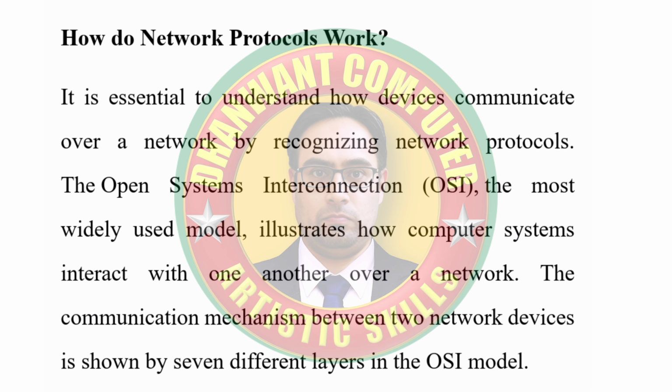How do network protocols work? It is essential to understand how devices communicate over a network by recognizing network protocols. The Open Systems Interconnection, OSI, the most widely used model, illustrates how computer systems interact with one another over a network. The communication mechanism between two network devices is shown by 7 different layers in the OSI model.